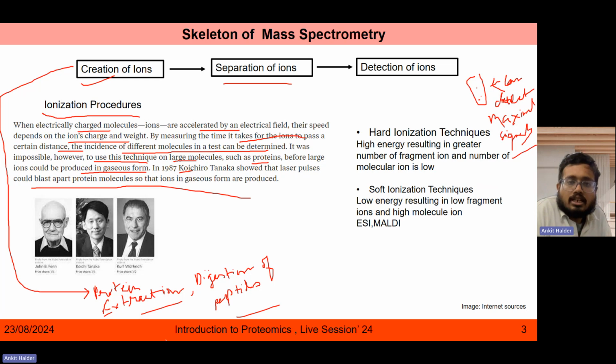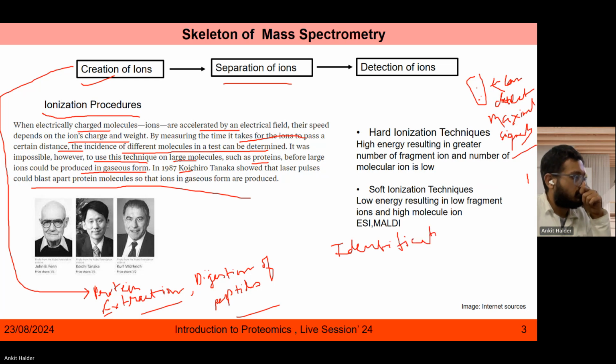Much before this technique, mass spectrometry of biomolecules like proteins was used only for chemical molecules, for the identification of unknown chemicals.